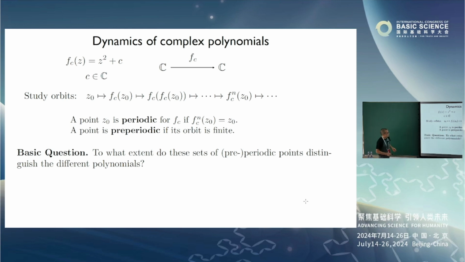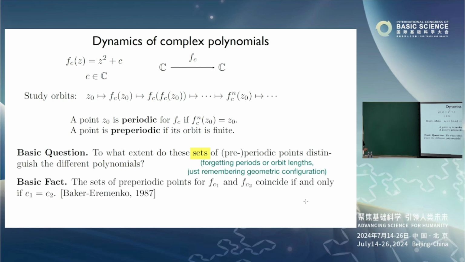Okay, by a set we mean we forget about the periods and we forget about the orbit length. So we just remember the geometric configuration of the points.